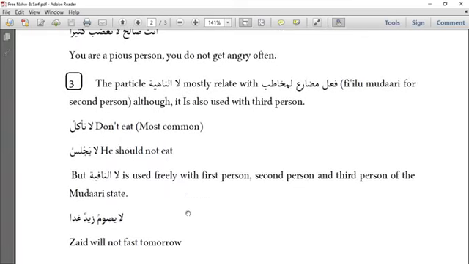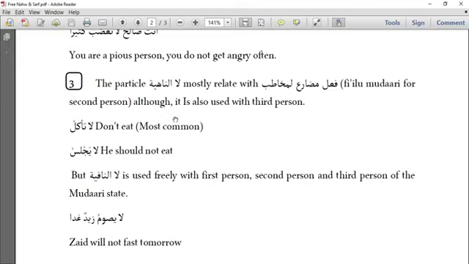The third difference between them is that la nahia, when we use it with fi'l mudari, is used mostly with the mukhatab. What is mukhatab? Mukhatab is the second person, the person that you are speaking to. So we use la nahia mostly with the mukhatab, because I can only give a prohibition to somebody that I'm speaking to.